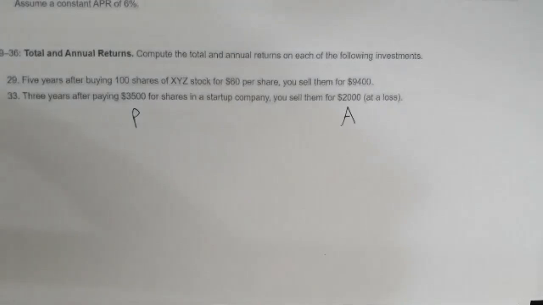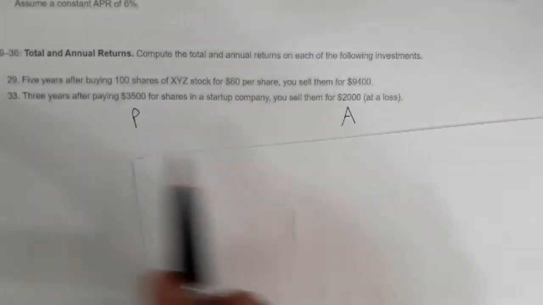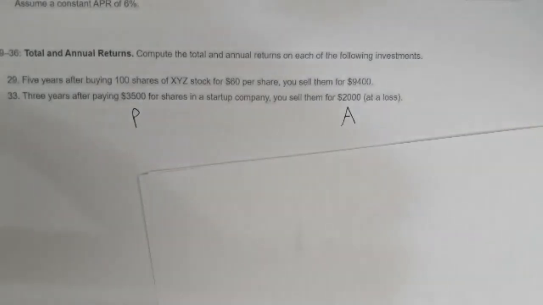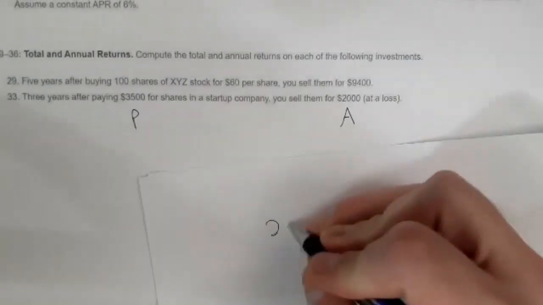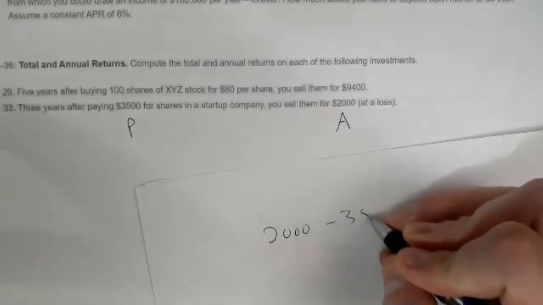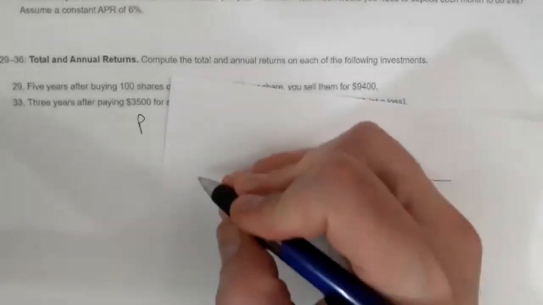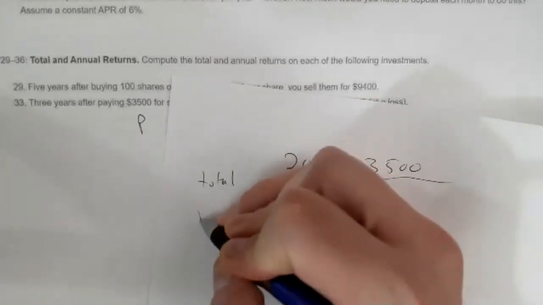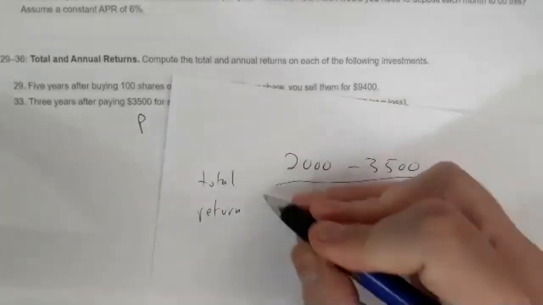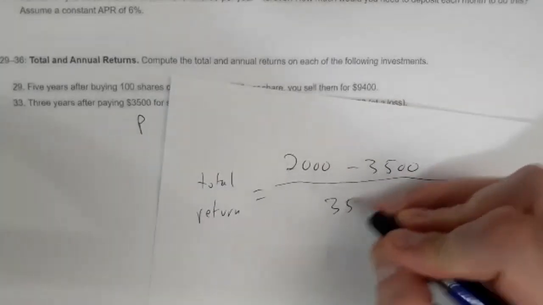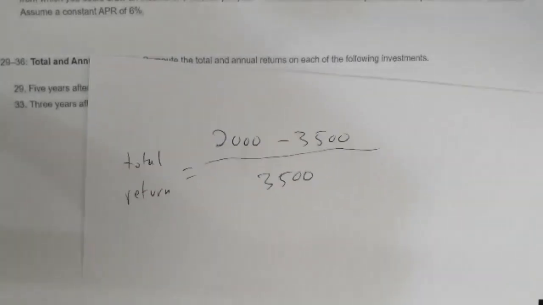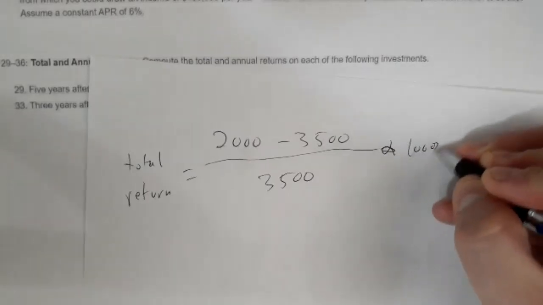If you want to refer back to your formula, you can, but which one should I subtract from which one? 3,500 from 2,000. Yeah, so I got to do 2,000, and I got to subtract 3,500, and then divide that by 35, exactly. I got to divide it by the number I started with.